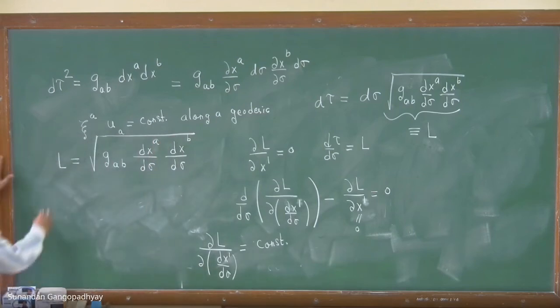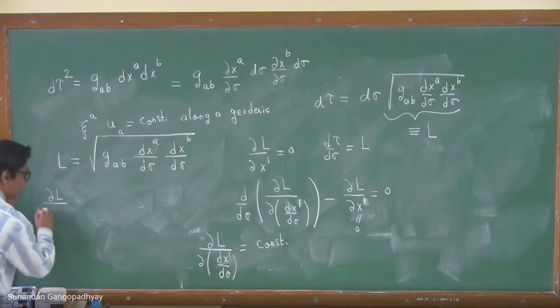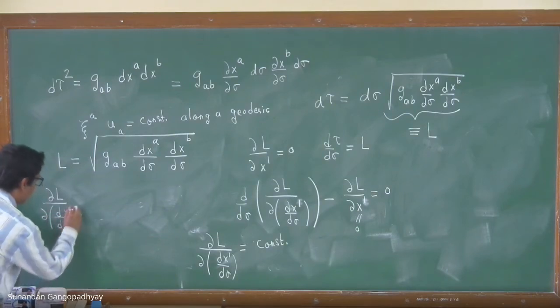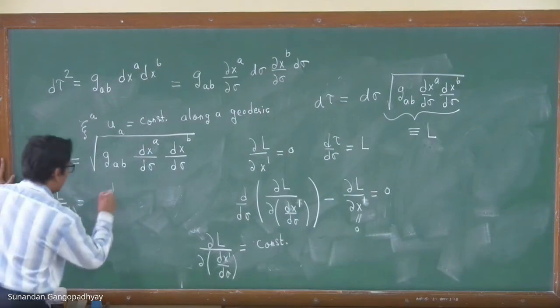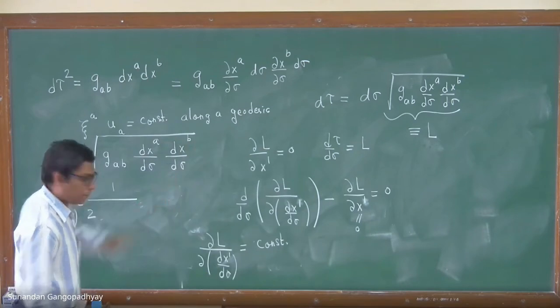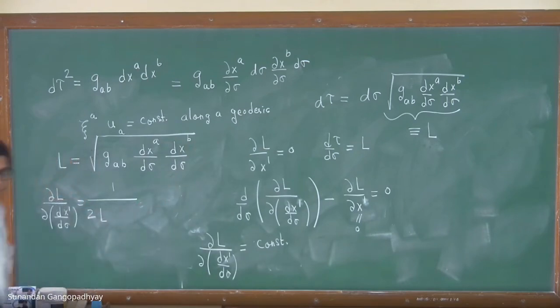So what is del L del of dx1 by d sigma? That will be obviously 1 by 2 square root of this whole thing, but the square root of this whole thing is L, right? It is just root g1. You don't need to calculate. Write it.